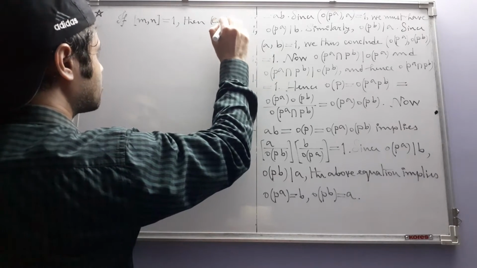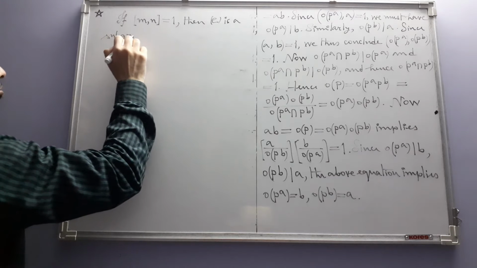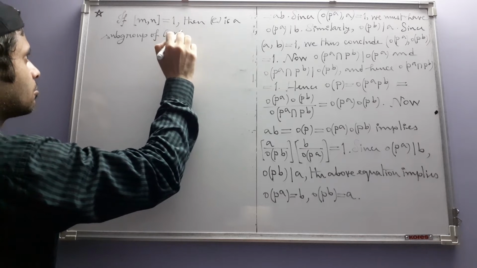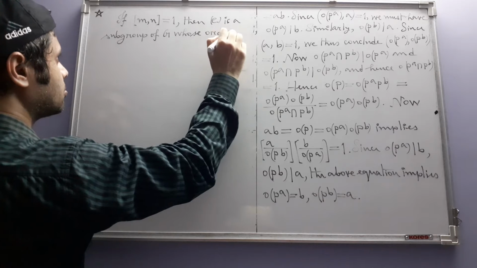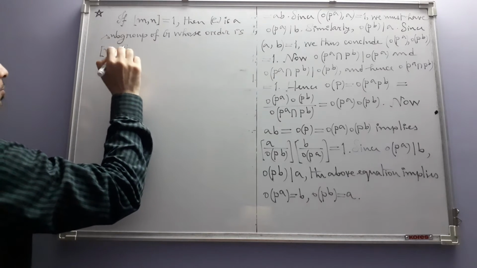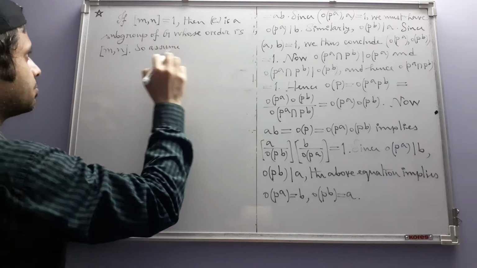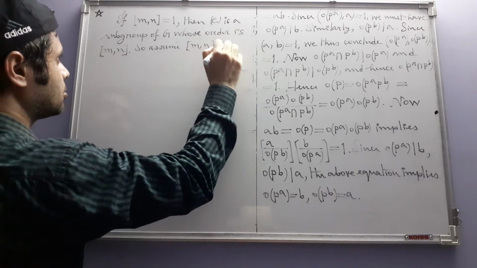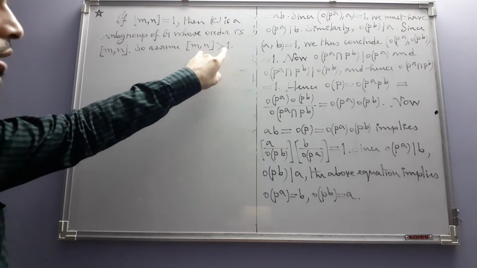This is a subgroup of G whose order is the LCM of M and N. So assume this is greater than 1. So that means this is a positive integer greater than 1.